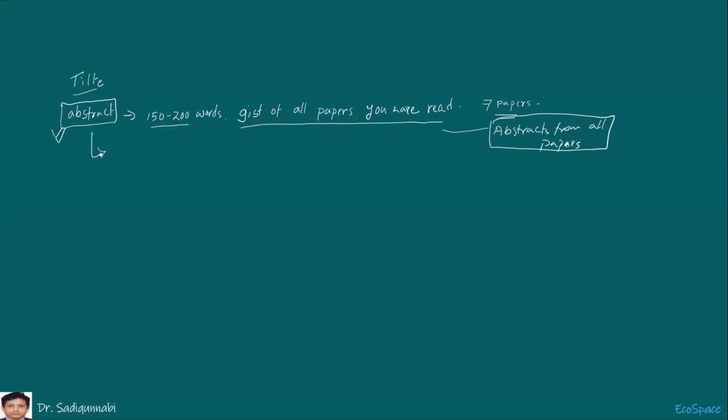So abstract in your synopsis is the abstract of all papers within your topic. Okay, so abstract is not that much tough. It is easy.